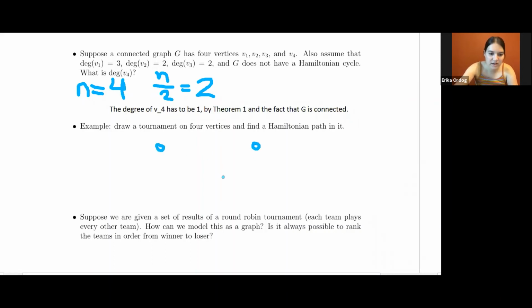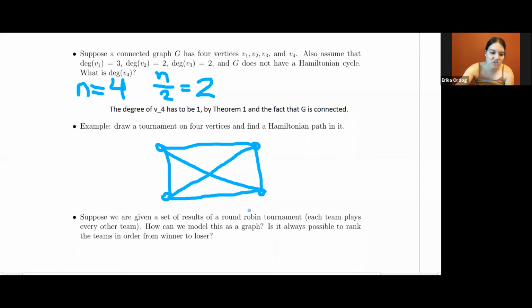First we draw K4, because it has to be the complete graph. And it has to be directed, so we can just draw random directions on here. And there has to be a Hamiltonian path.